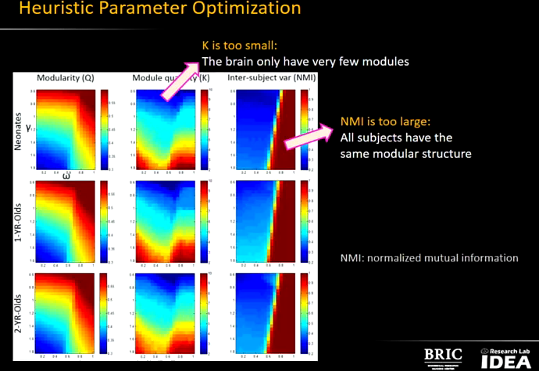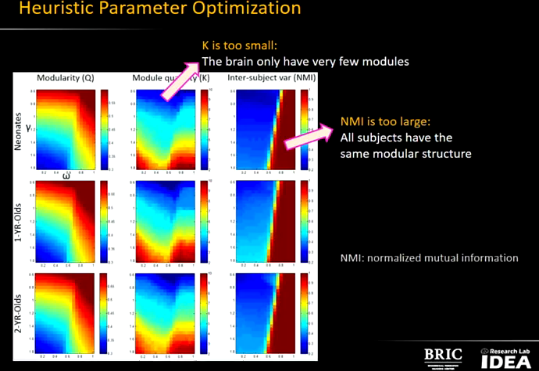We don't choose this part because it means every subject has the same module structure, so we just ignore it. And we also investigate the number of modules.